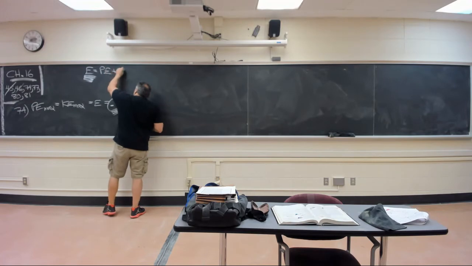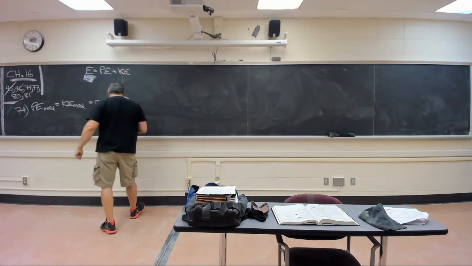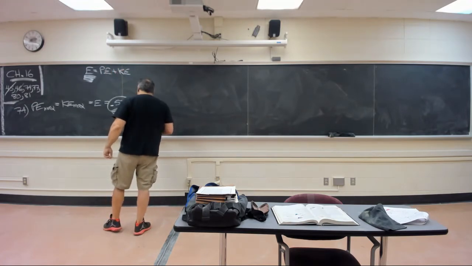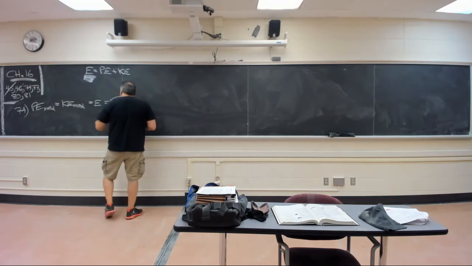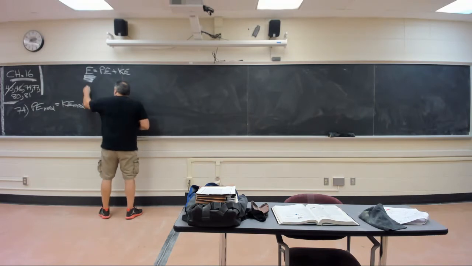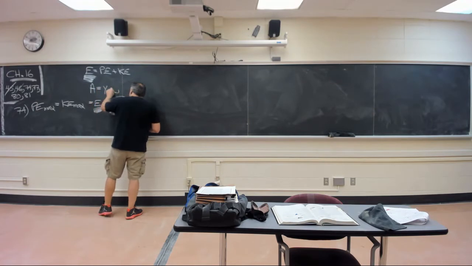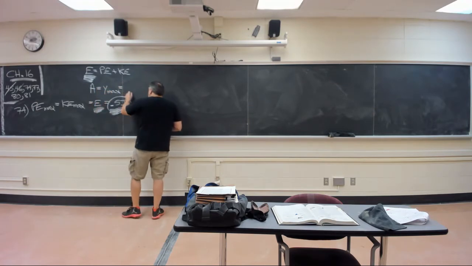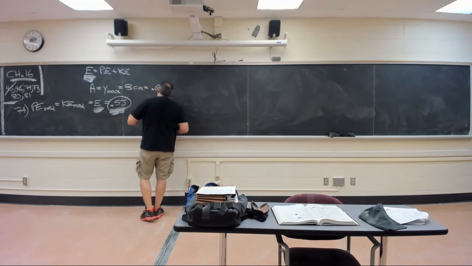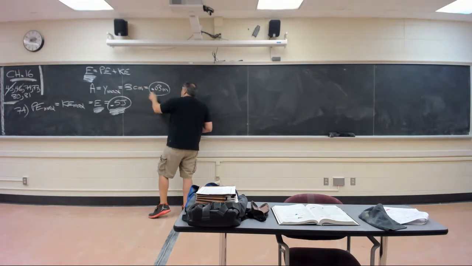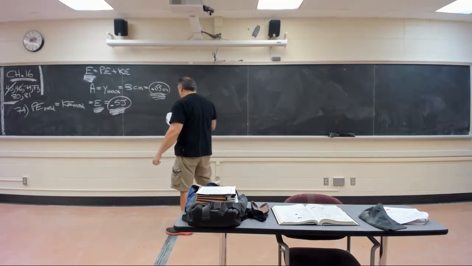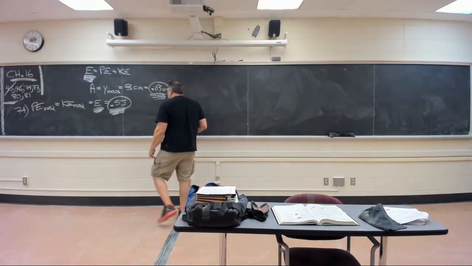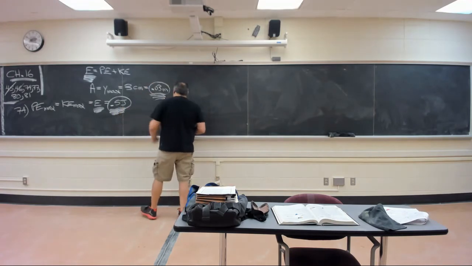Potential energy plus kinetic energy equals the total energy of the system. We already said that E was equal to this. They're telling us A, and that's the y max, you guys, is 3 centimeters. Probably got to go here and say 0.03 meters, because everybody's working with the MKS system of units. 0.5 joules, 0.03 meters.